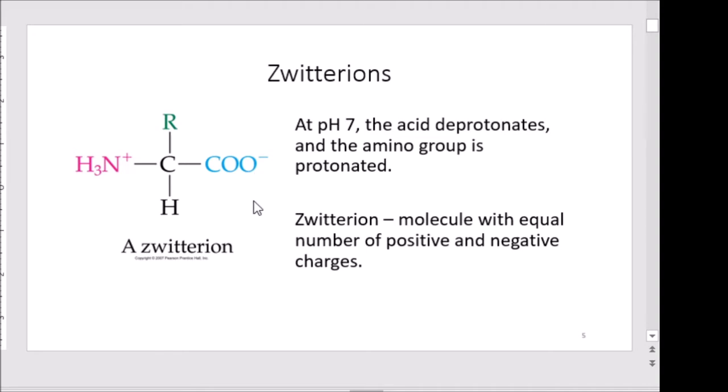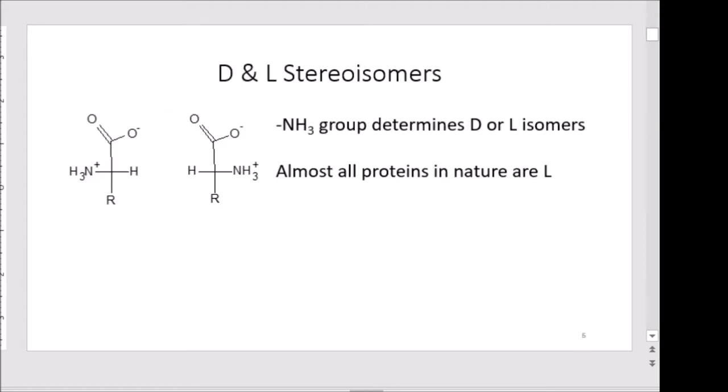I'll ask you about these Zwitterions, and it really just comes down to the acid being deprotonated. So when you see these drawn either as the Zwitterion, what we would find in our body, or as the amino acid based off of our original picture, it's fine. We'll see both of those.